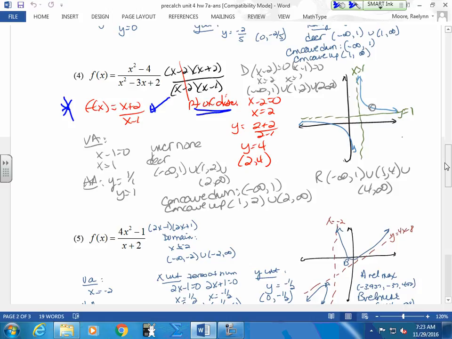Plug that x value into that reduced function. Concavities, range. Find your x-intercept and your y-intercept. X-intercept is the zeros of your numerator. And your y-intercept would be negative 4 over 2.